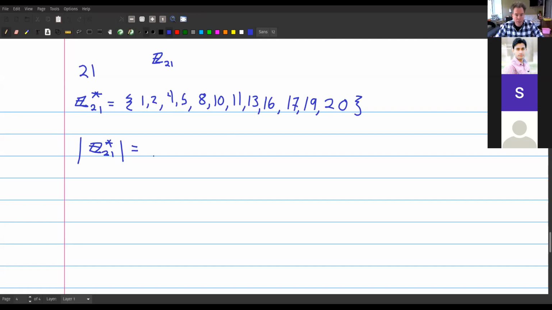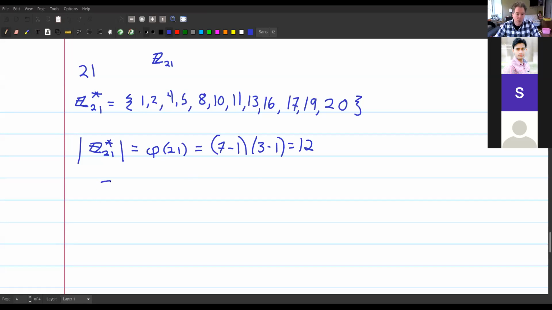So that means this is exactly phi of 21. The number of numbers in this multiplicative group is exactly the same as the number of numbers that are relatively prime to 21, which is phi of 21, which is (7 minus 1) times (3 minus 1), which is 12. And you can count them: 1, 2, 3, 4, 5, 6, 7, 8, 9, 10, 11, 12.